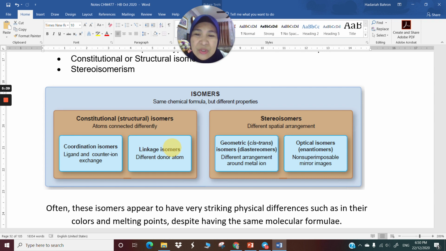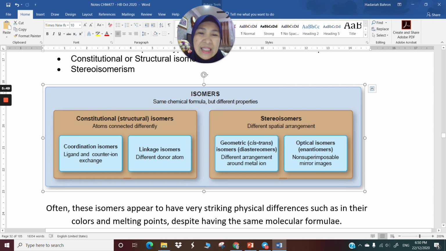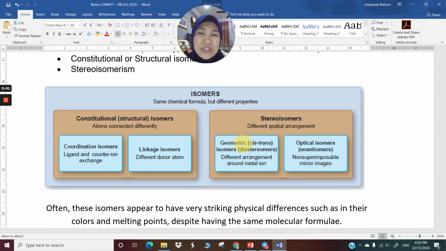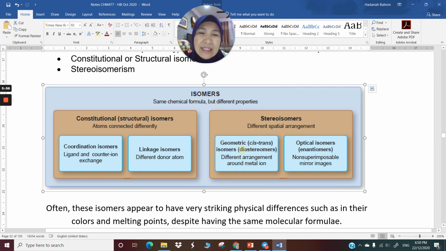Whereas in linkage isomers, the same ligand has different donor atoms. For stereoisomers, where there is a different arrangement in space, you have geometric isomers, cis-trans, giving rise to diastereomers, and optical isomers, giving rise to enantiomers.